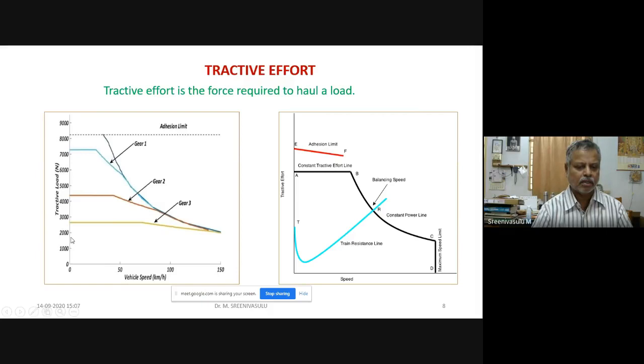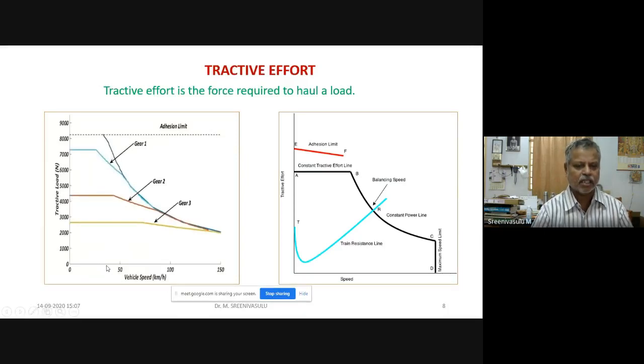Say at vehicle speed 0, it is not possible for us to run with gear 3 or gear 2 because the torque is 7,250. Though it is confusing us, that is because it has been extended up to zero velocity; we are not supposed to consider that at 0. Maybe this is the speed for this particular one.